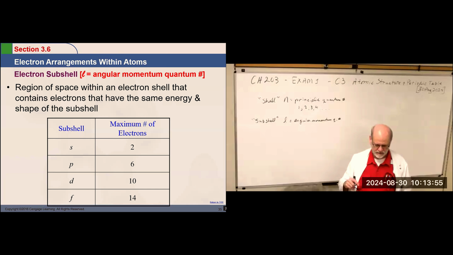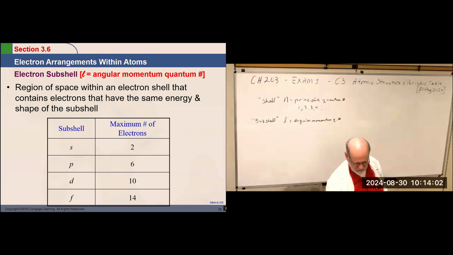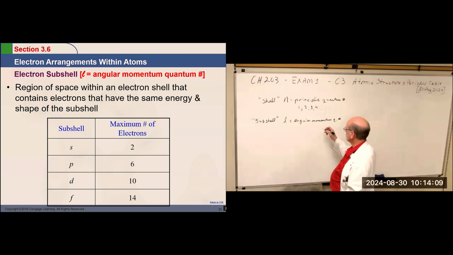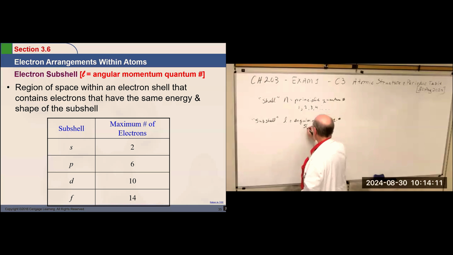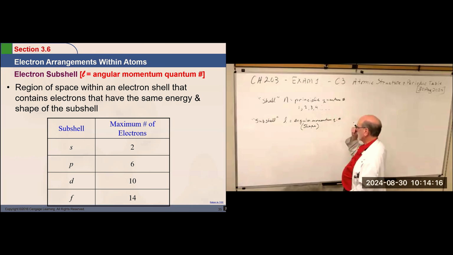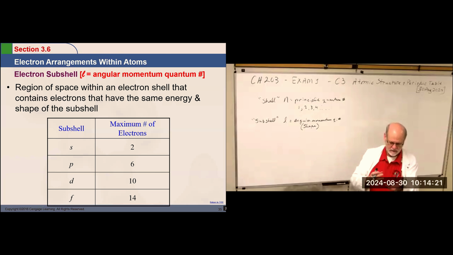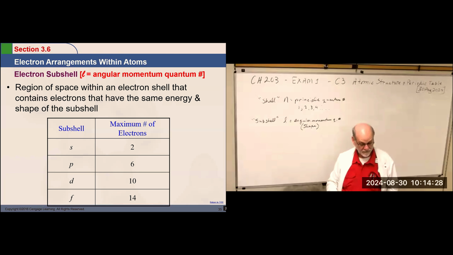These refer essentially to the shape of the orbit. So they could be spherical, they could be kind of dumbbell shaped, they could have donuts. We're not going to go into that much detail.